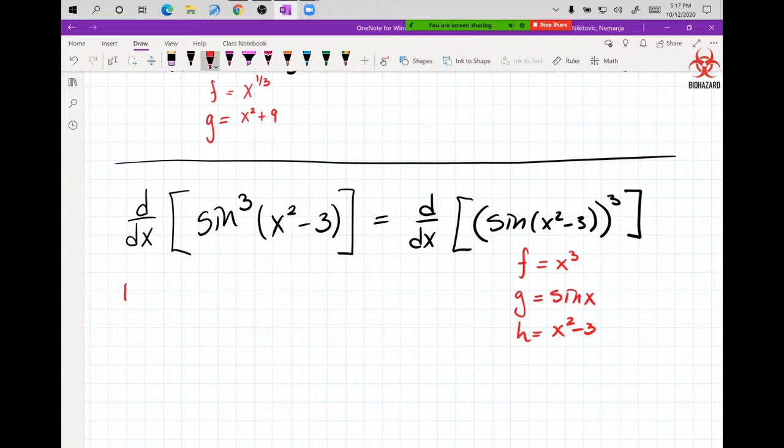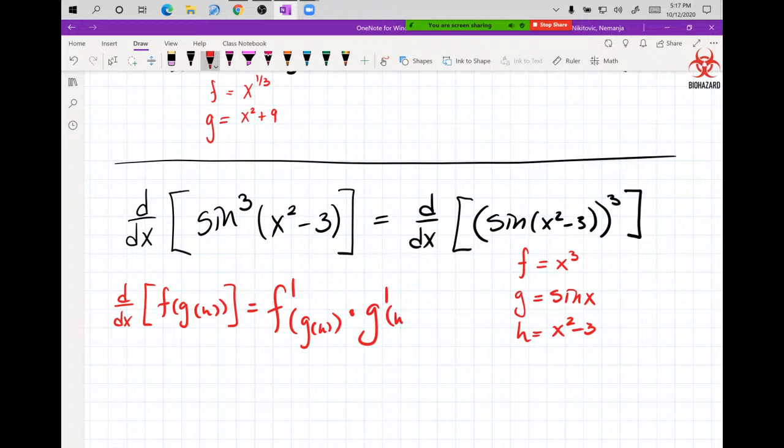So, people say, well, what's the formula? It's completely irrelevant what the formula is, because you take the derivative of f with g of h still plugged in, then you take the derivative of g with h still plugged in, and then you take the derivative of h at the end.